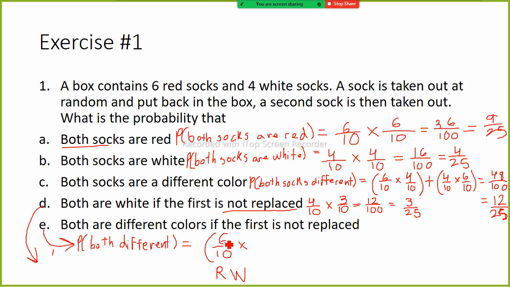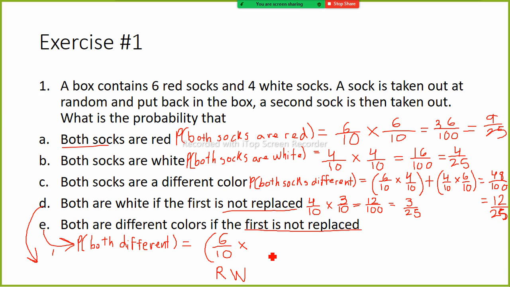That was the first sock, right? When we get that red sock out of the box, do we replace it in this question for E? No, we do not replace it. It says the first is not replaced, right?